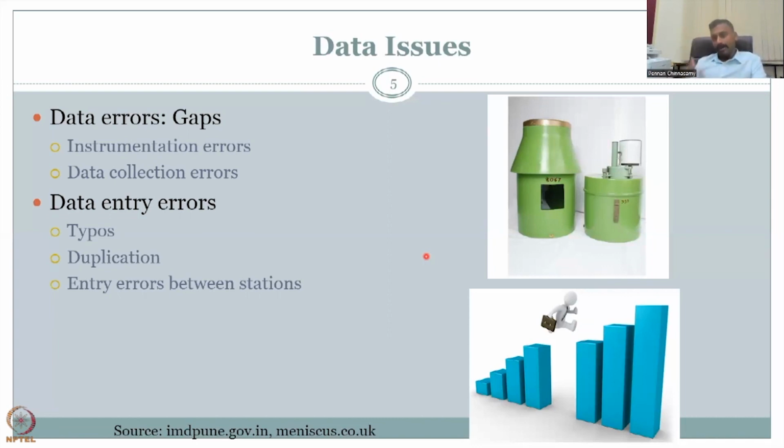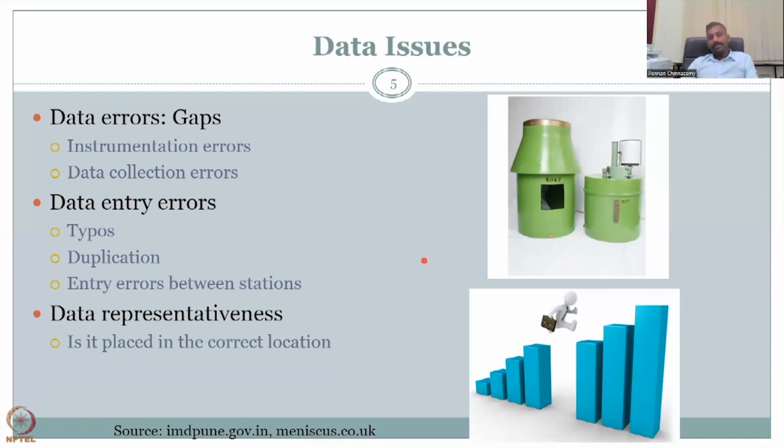Duplication, sometimes the same data is duplicated, and entry errors between stations. There's a lot of entry errors between the stations. Some people don't take data, so they just manipulate the data. So this is not good enough for rural development, because all this data has to be accurate, more importantly, and they have to consider the instrumentation errors and data collection errors.